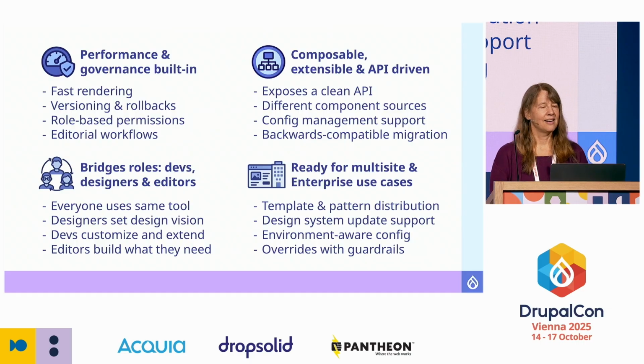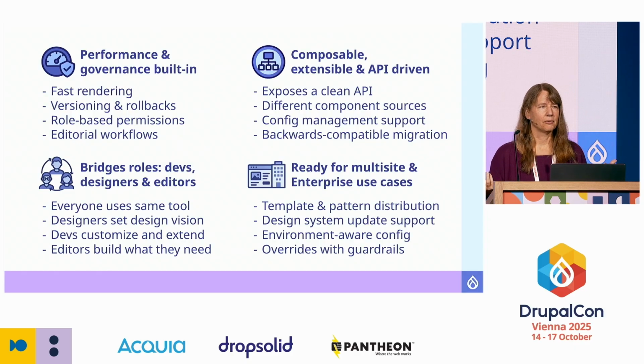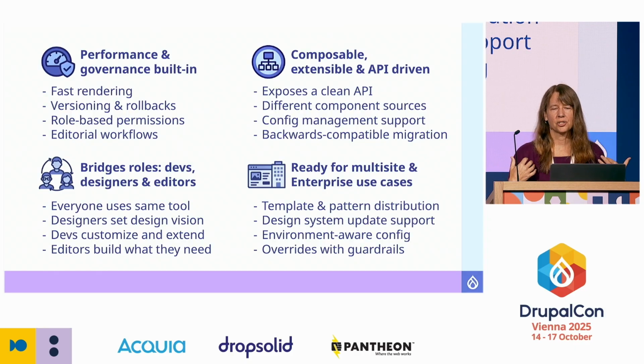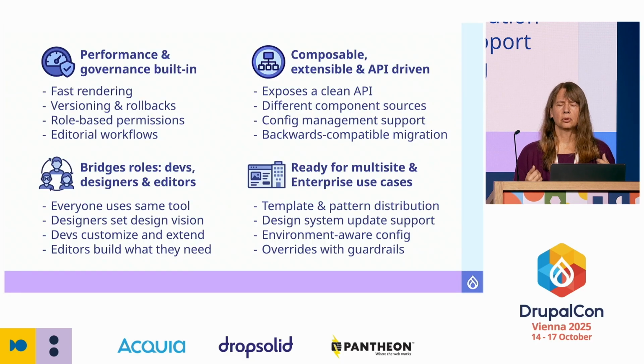And then all sorts of things that you would expect, like fast rendering, versioning and rollbacks, role-based permissions, editorial workflows. This is the bread and butter of Drupal, right? This is the kind of stuff that we just expect. Clean APIs, pluggable component sources.